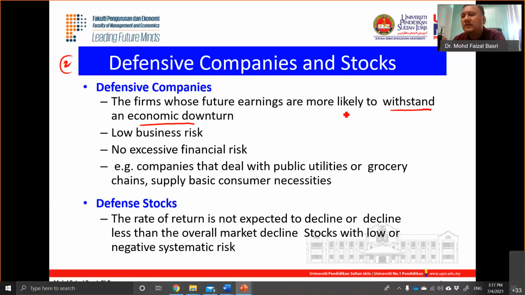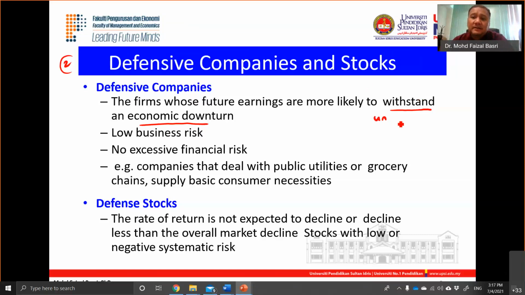I can't find the word withstand in Malay. Basically, they're unaffected.